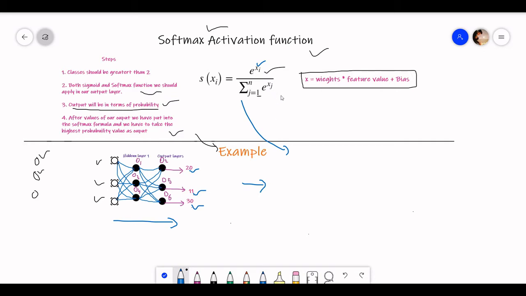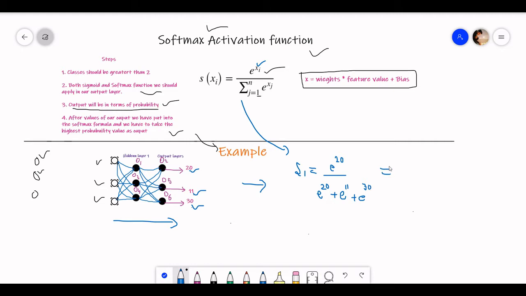So let's suppose S1 is e to the power 20 upon e to the power 20 plus e to the power 11 plus e to the power 30.